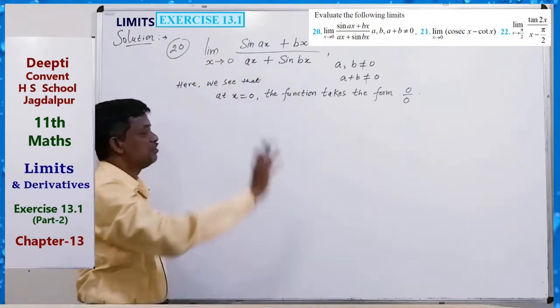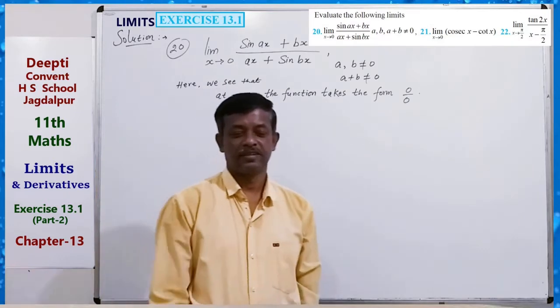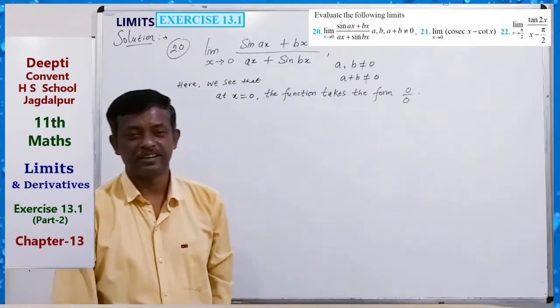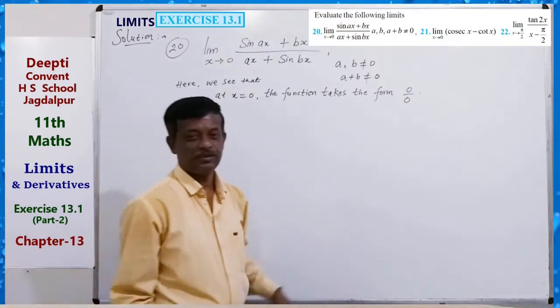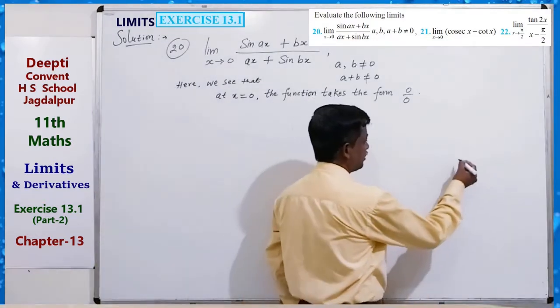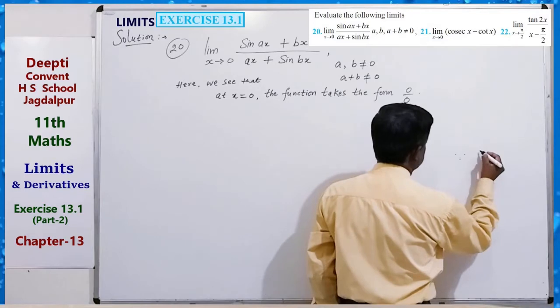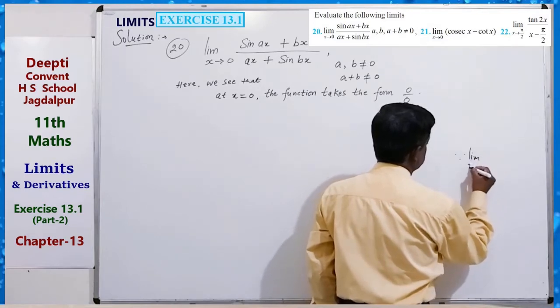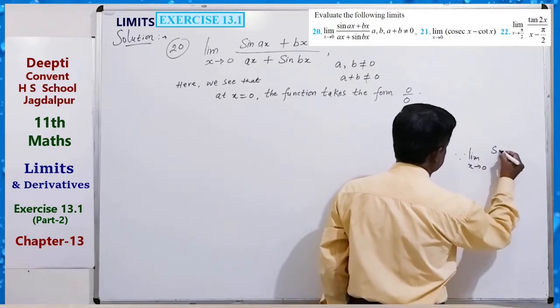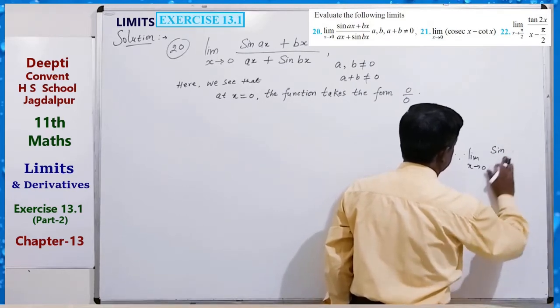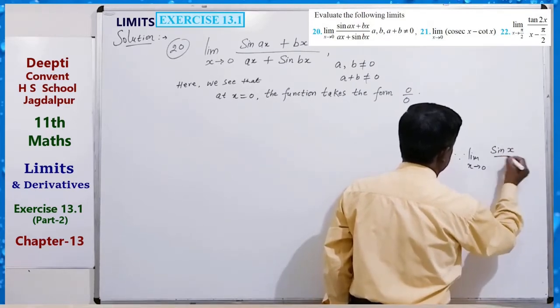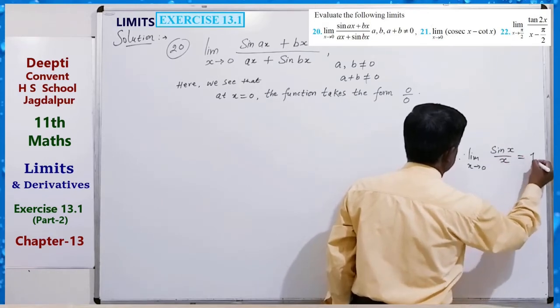So for solving, we require that we do something here so that we can use our formula. Because it is related to sin x, we can use limit x tending to 0 of sin x by x is equal to 1.